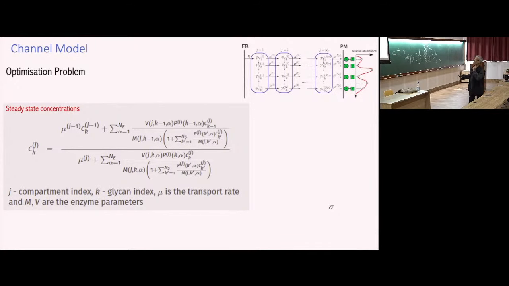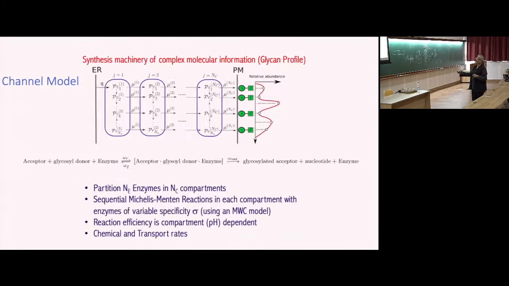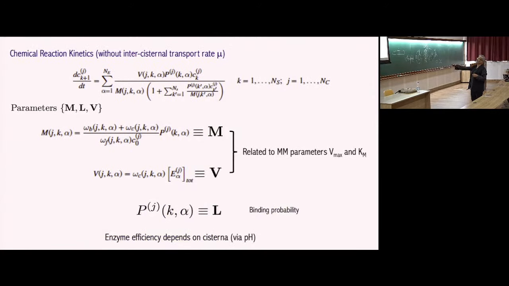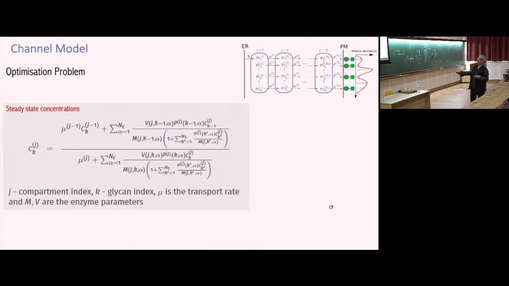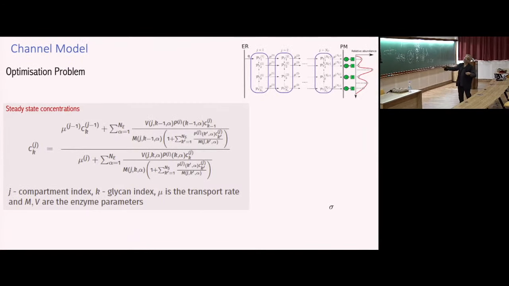So at the end of the day, this is the steady state concentrations that I obtain by setting this left hand side to be 0. Okay. And this is the formula where the intercisternal transfer rate has been restored here. So this part has to do with the chemistry in each cisterna or compartment, and these mu's have to do with the intercisternal transport rate.